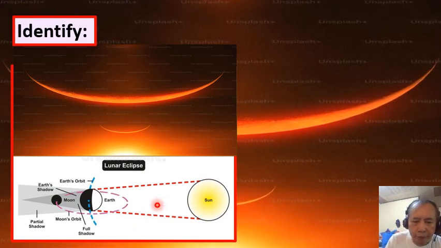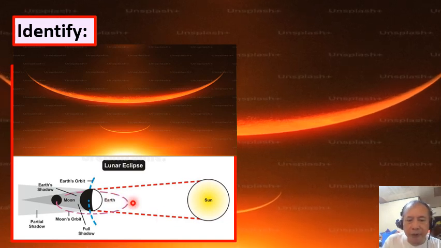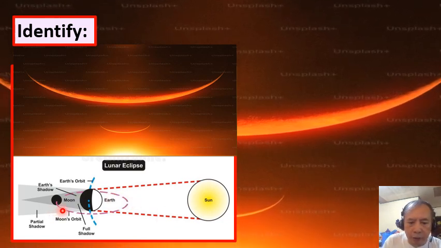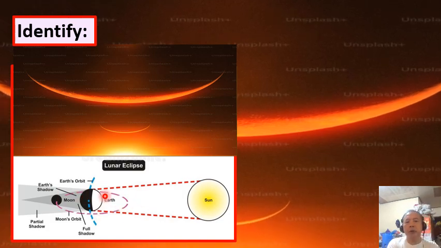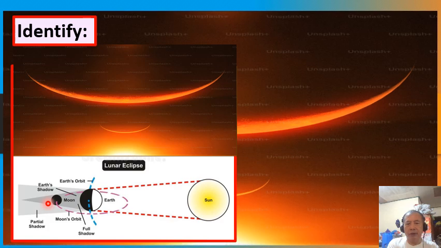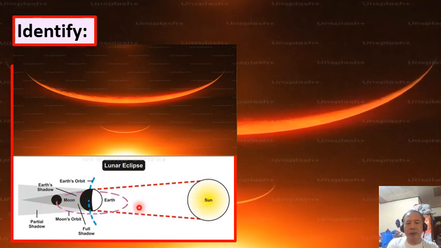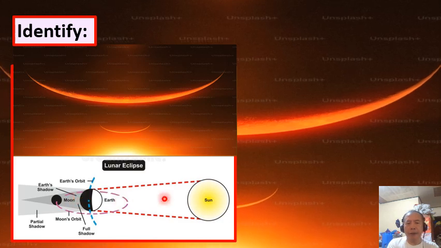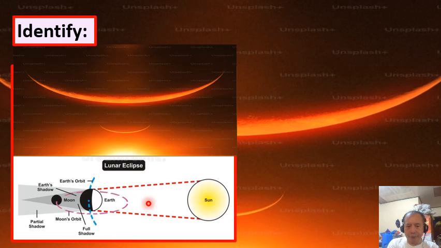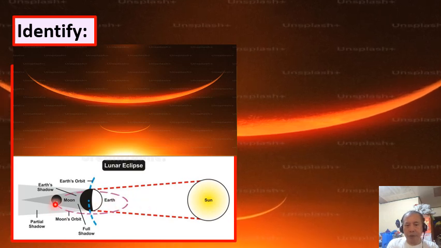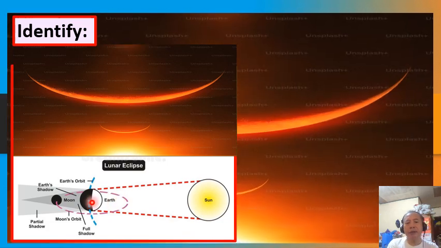As illustrated in the figure, we see a lunar eclipse when the earth is exactly between the moon and the sun. These three celestial bodies are perfectly aligned with one another.